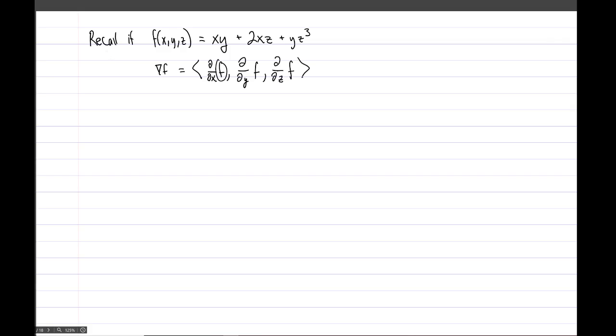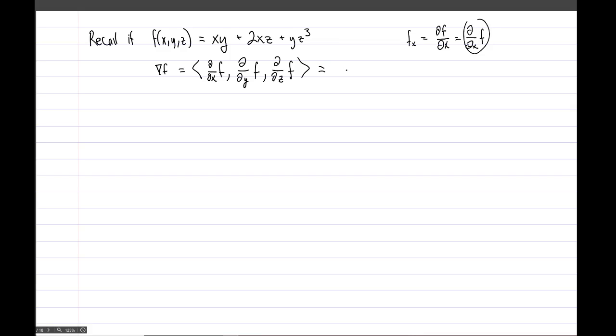I know you're perhaps used to the notation of f sub x instead of the partial derivative of f with respect to x, but you can kick that f off to the side and have notation that looks like this, which is going to be helpful in a moment.